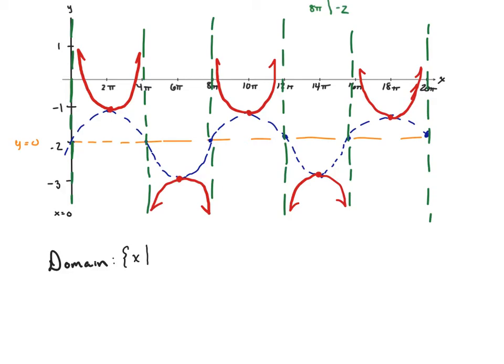And then we have another break at 2 pi units later. So 0 plus 2 pi plus another 2 pi plus another 2 pi. This would be x equals 0 plus 2 pi k, which is 2 pi k. And we can't allow that to happen.